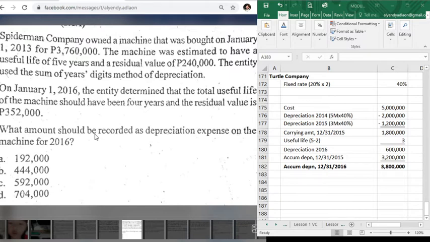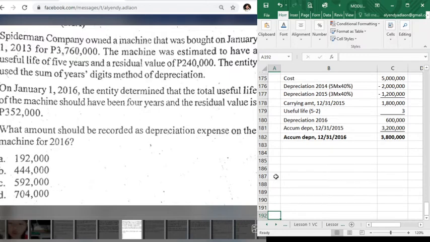So, pila na ang depreciation expense for 2016 after nato gi-change ang iyahang useful life and ang iyahang residual value. So, this is a change in useful life, a change in residual value, and still treated as a change in accounting estimates.